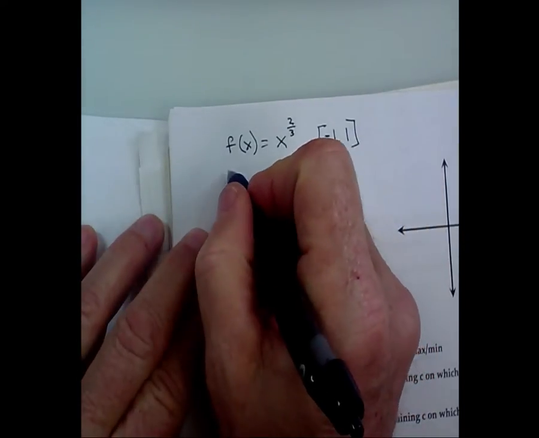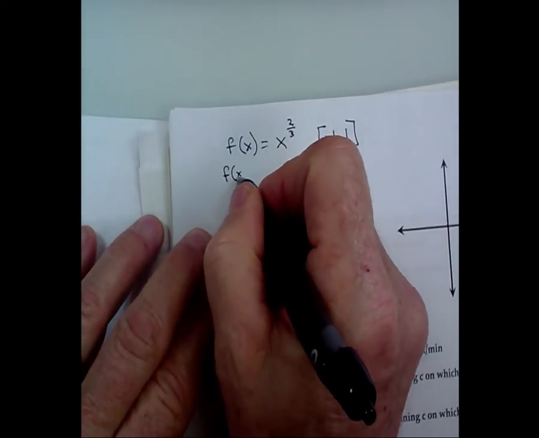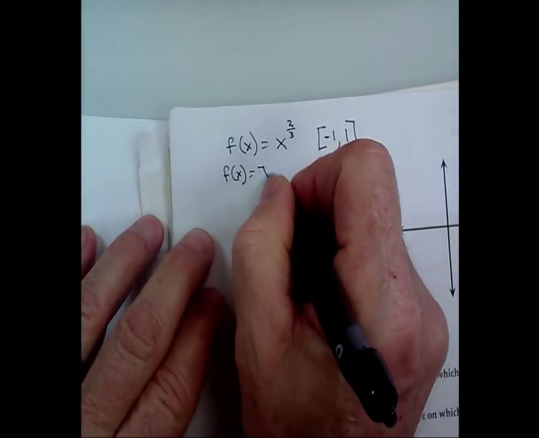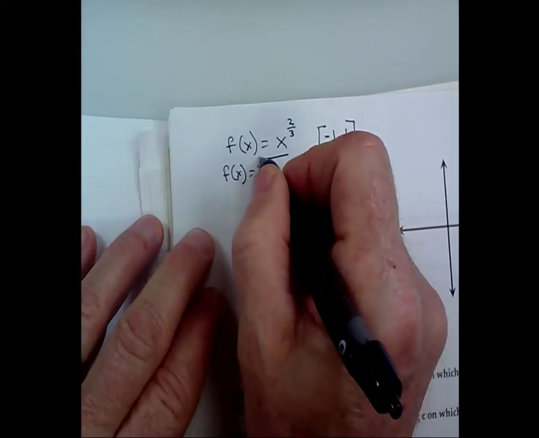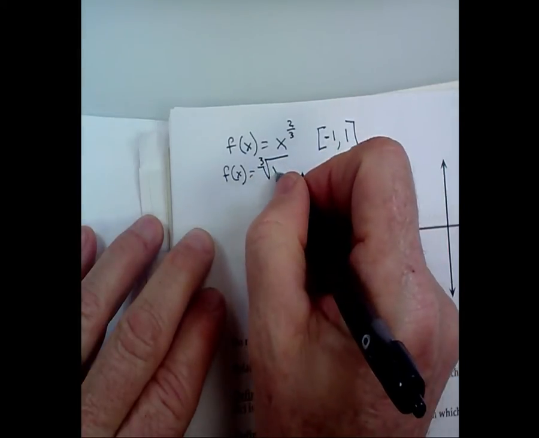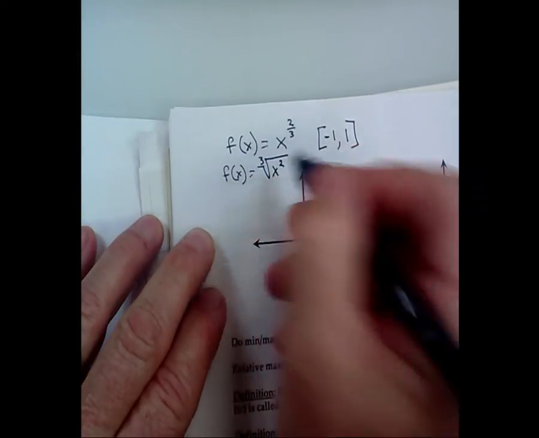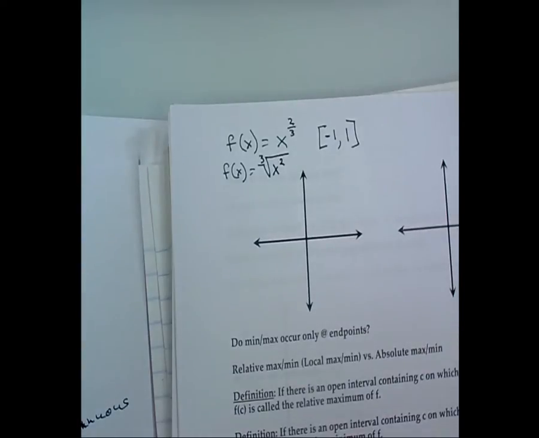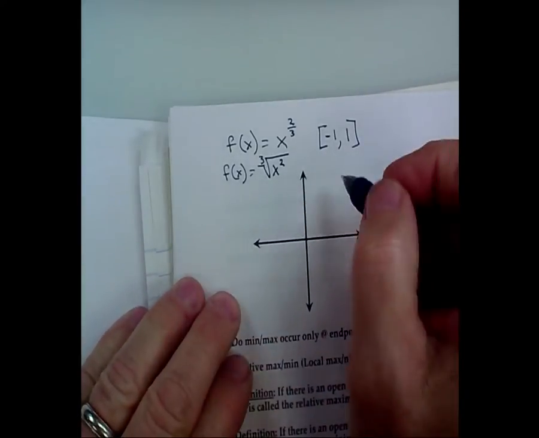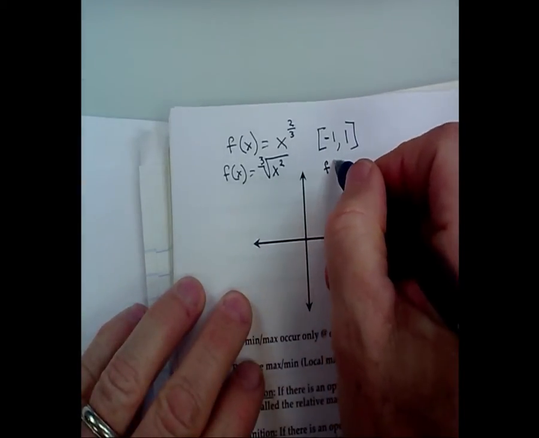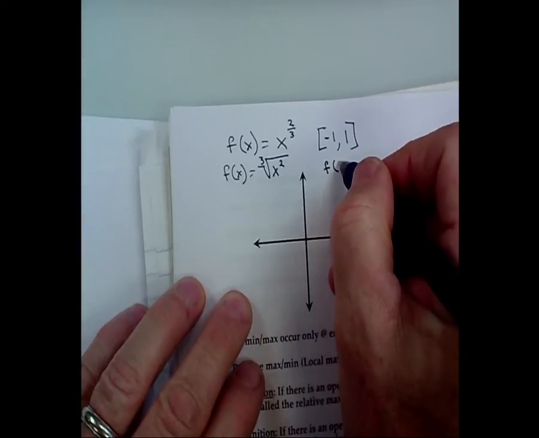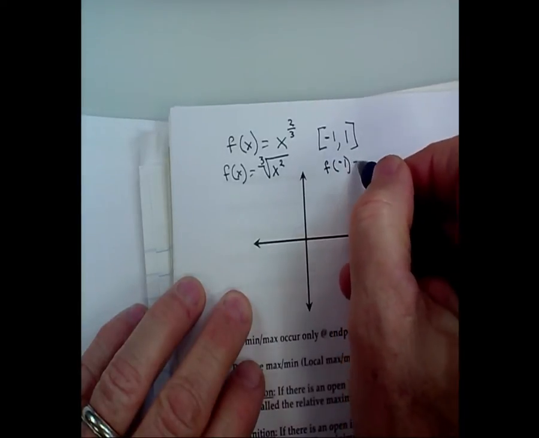Which means this. Correct? Right? Isn't that what that means? So, I look at the endpoints. I put in -1. What do I get?